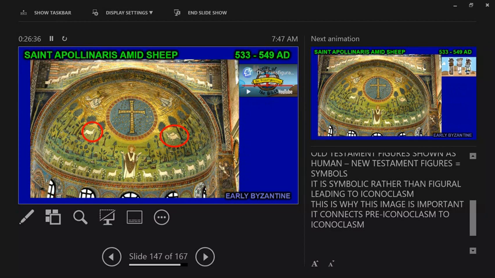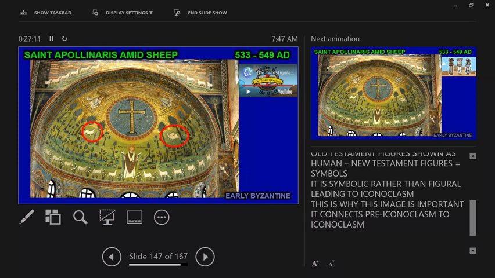All right, so go ahead and write down that term, iconoclasm. It's going to pop up in just a slide or two, but I want you to know that term as I discuss it. With iconoclasm, there are passages in the Bible that say that it's a sin to create works of art that look like people, places, or things.